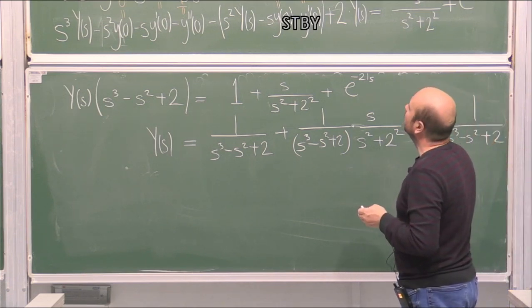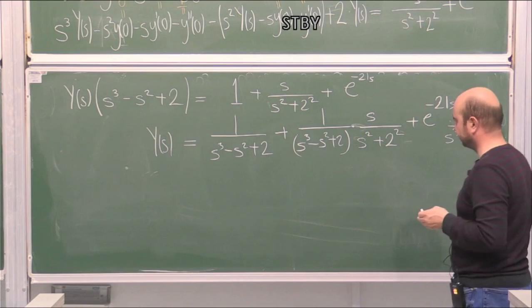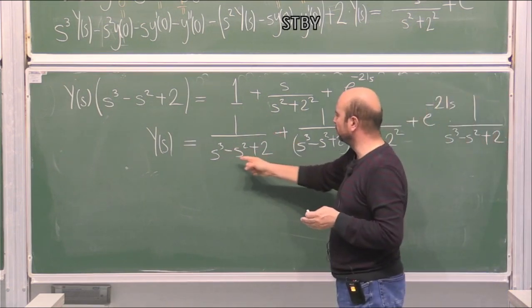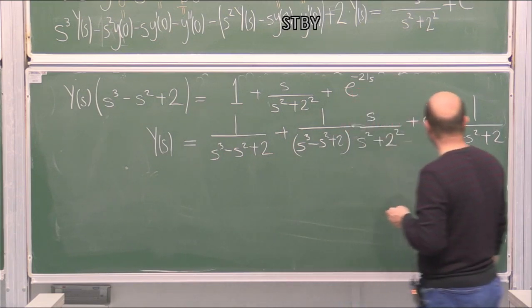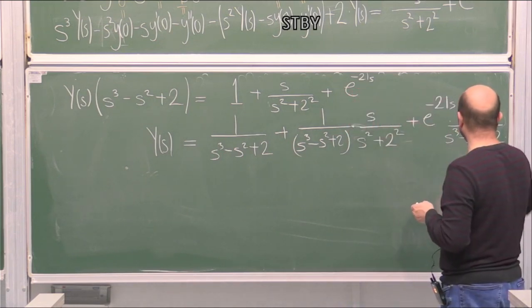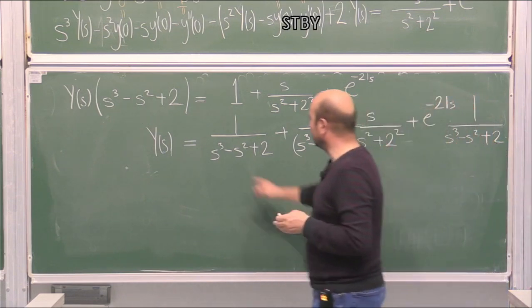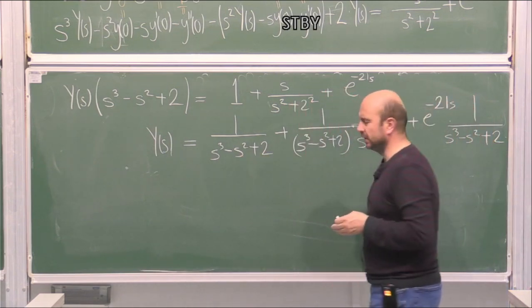Now let's look at this operator, because as you see, 1 over s cubed minus s squared plus 2 is everywhere. So how about its factorization? If I can factorize it, then maybe I can use its factorization to write the answer.